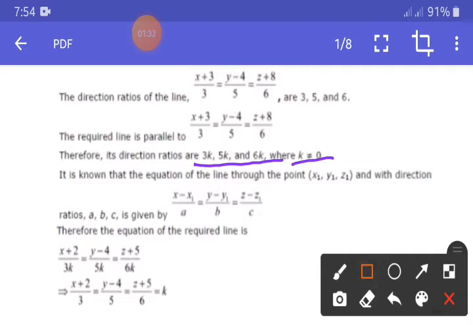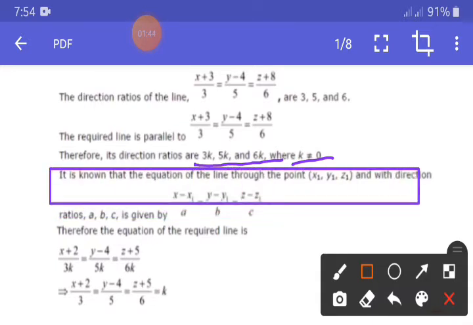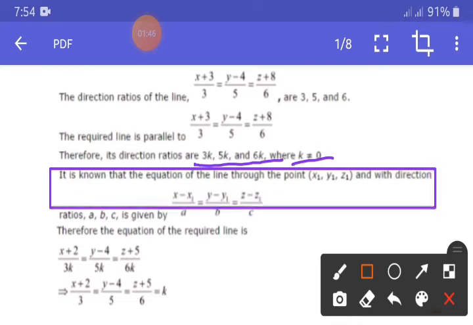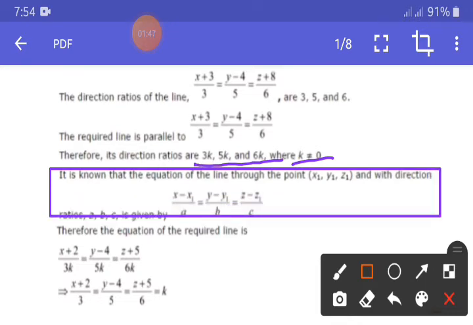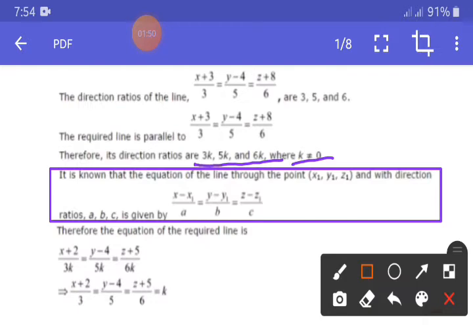It is known that the equation of the line through the point (x1, y1, z1) and with direction ratios a, b, c is (x - x1)/a = (y - y1)/b = (z - z1)/c.